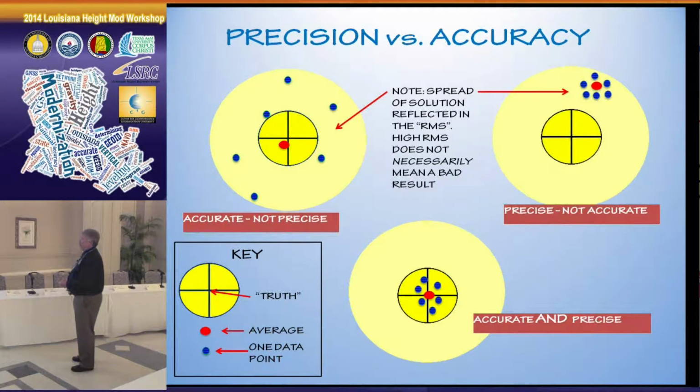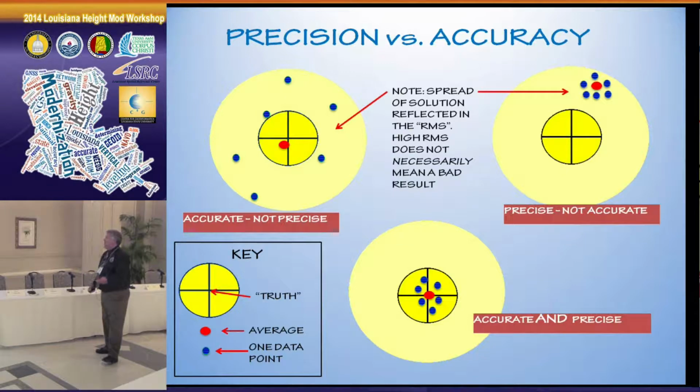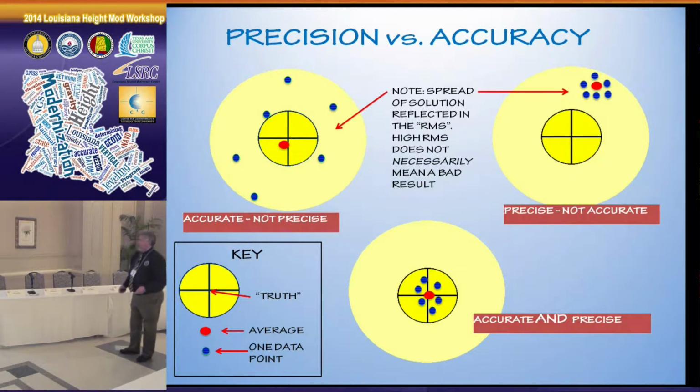And of course, this has both good precision and accuracy. So just because you have high RMS, the spread, doesn't mean you have a bad answer. It usually indicates not as much confidence because you don't know where in that spread the answer really is. So if you have a tight spread, you say, oh, well, I'm plus or minus 1.5 centimeters, I'm happy. So that's why you look for a low RMS.